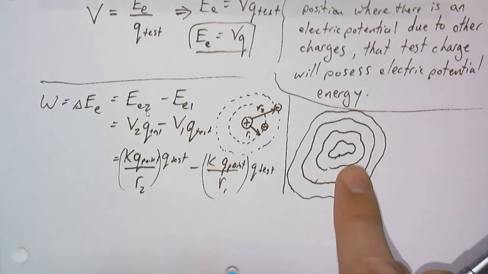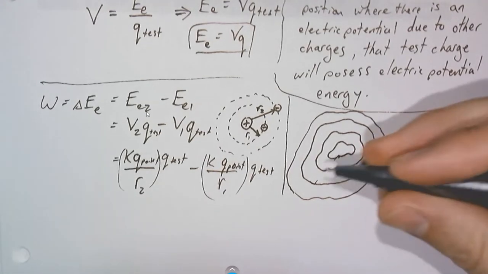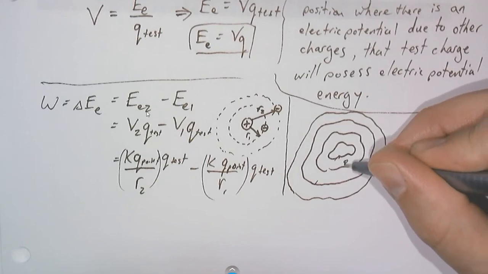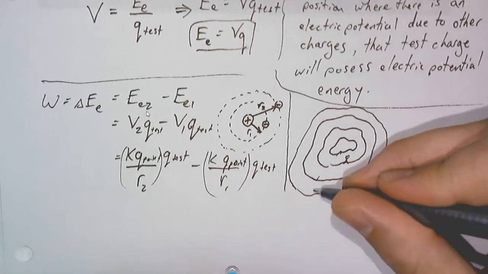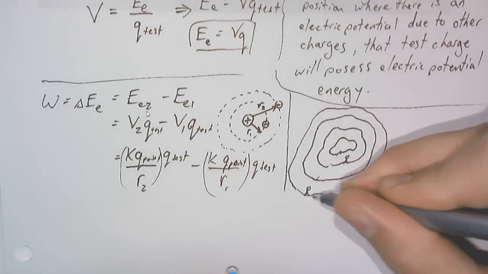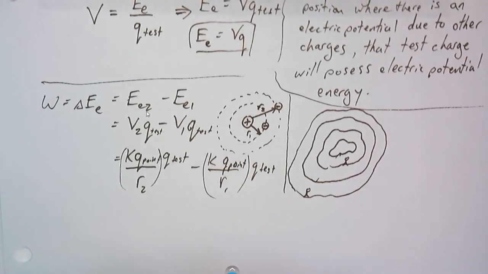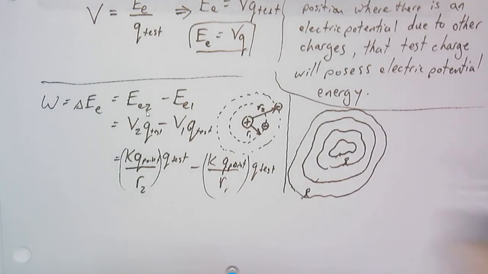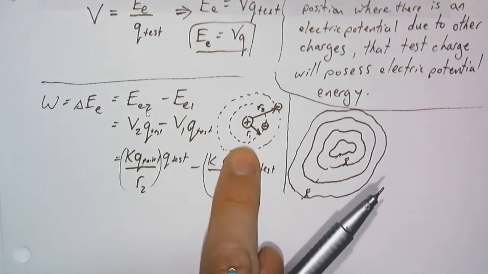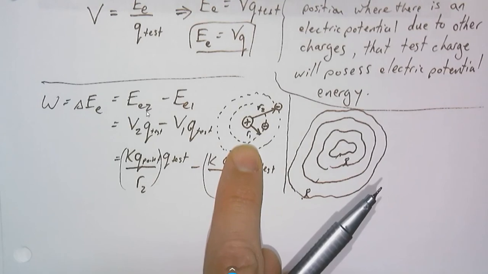But I want to go back over to the mountain for a second, okay? If I was on the mountain and I had a person that was standing at that little spot there, and I had a person that was down here, let's say it's the same person but at a later time, we would all agree that that person changed gravitational potential energies from one spot to the other. True? Here we've changed electric potential from one spot to another, and electric potential energy.